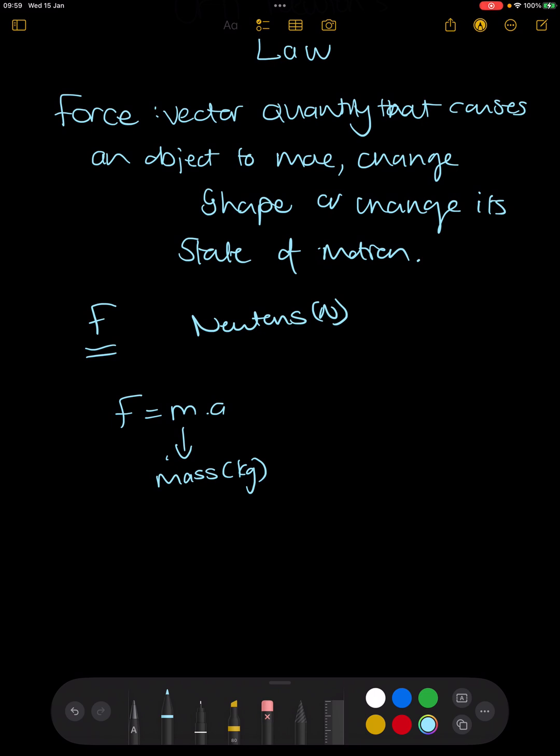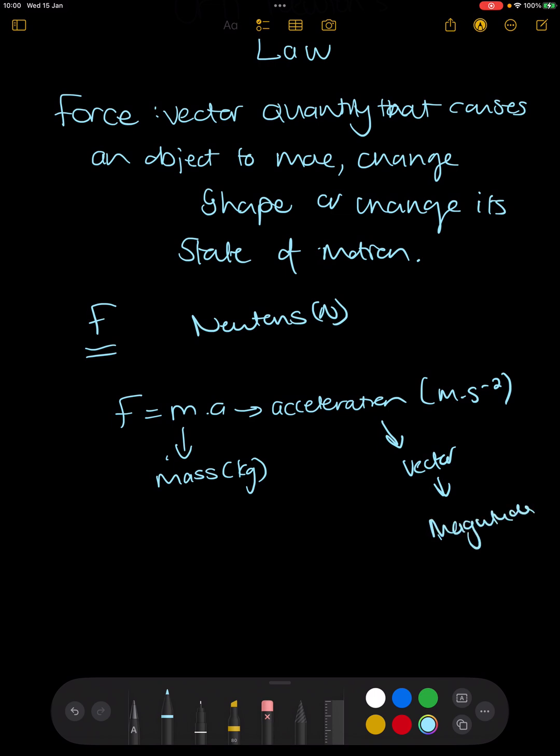Remember, in chemistry it's measured in grams, but in physics it's measured in kilograms. And then my acceleration is measured in meters per second squared. This is also a vector quantity, so it also needs magnitude plus direction.